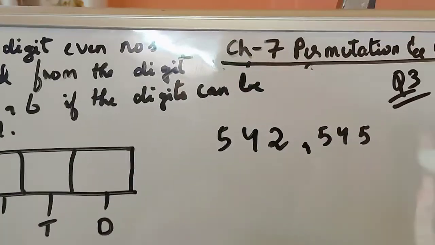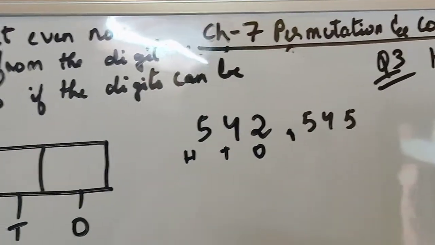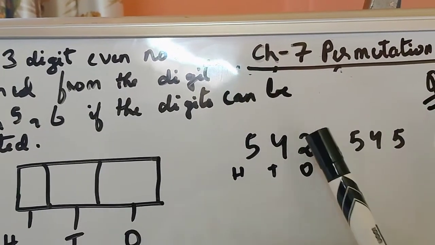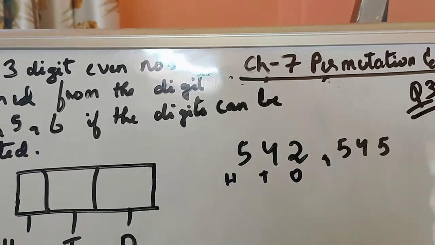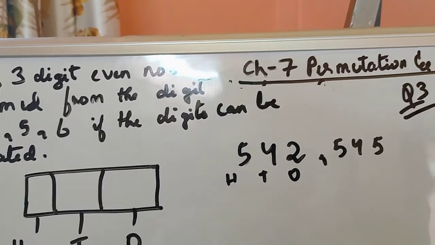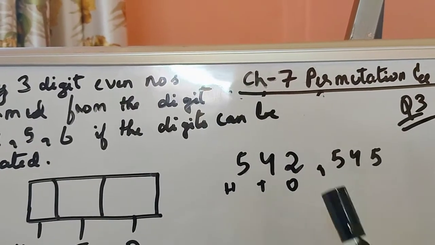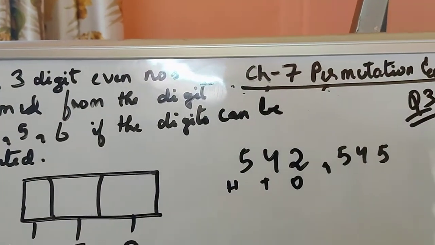Now you see this is your 100 place, this is your 10 place, this is your 1 place. For an even number, the 1 place must always have an even number. Then only it is a 3-digit even number.